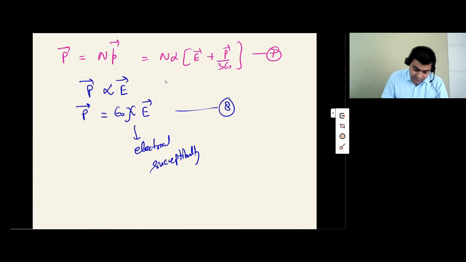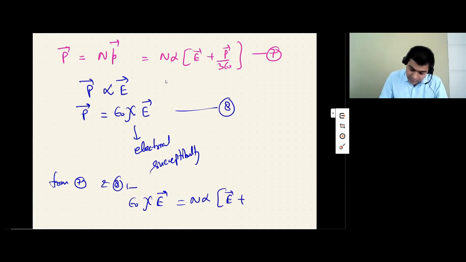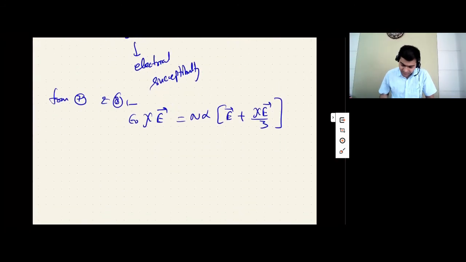So now from 7 and 8, I get epsilon 0 chi E is equal to N alpha times (E plus epsilon 0 chi E over 3). This is equation number 9.